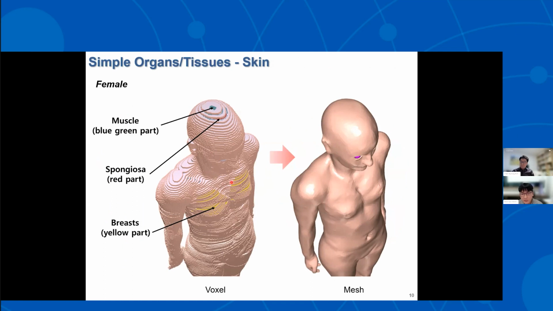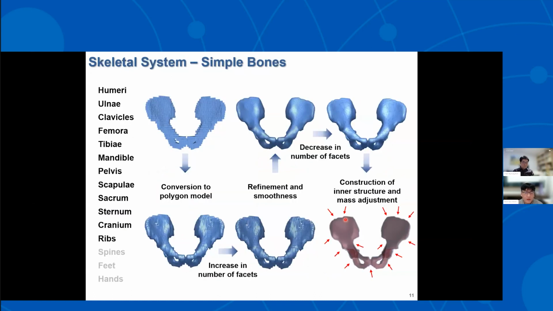This slide actually shows some improvement of the skin mesh model over the voxel model. As explained by Professor Kim, the skin model is not fully enclosed, and some internal organs such as muscle and breast are directly exposed to the air in the voxel phantom. So as you can see, this limitation is now fully addressed in the skin mesh model.